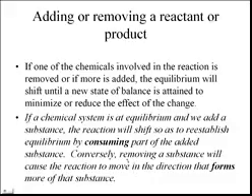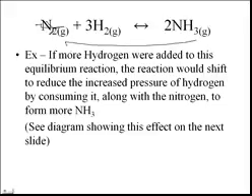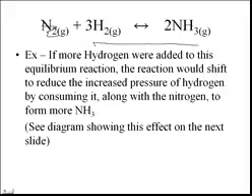If you remove a substance, so if you take some N2 out of this reaction, so the N2 is gone, the reaction is going to shift in the other direction to make more of that substance. So if you add nitrogen, the reaction is going to shift to the right to use up the nitrogen that you've added. If you take away some nitrogen, the reaction is going to shift to the left in an attempt to make more.